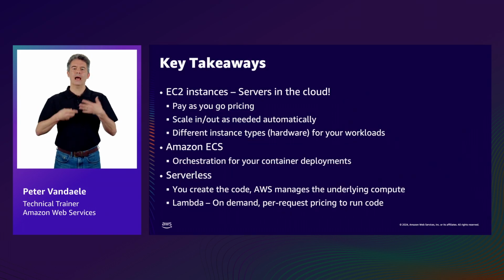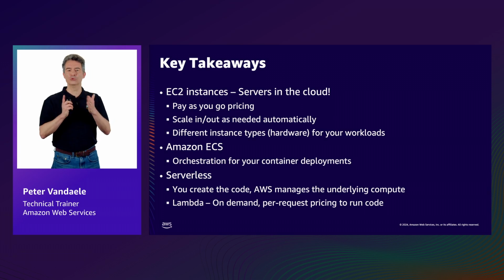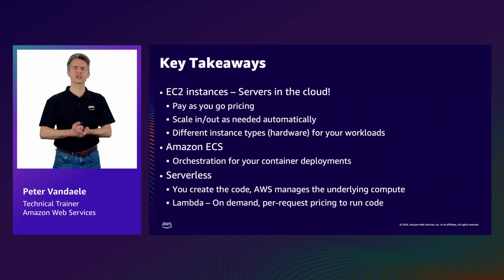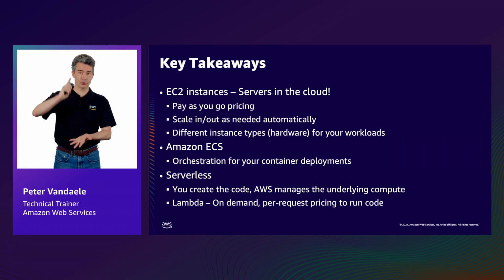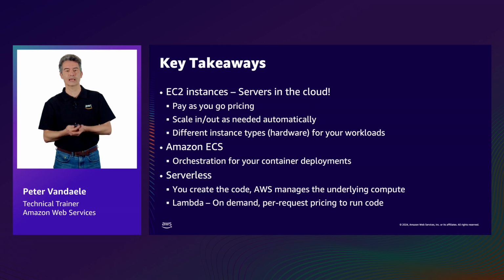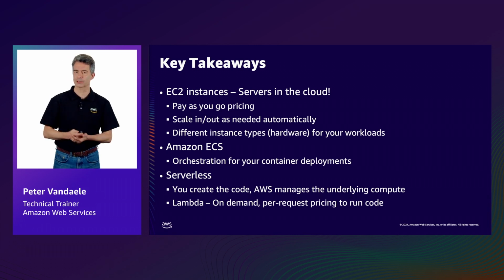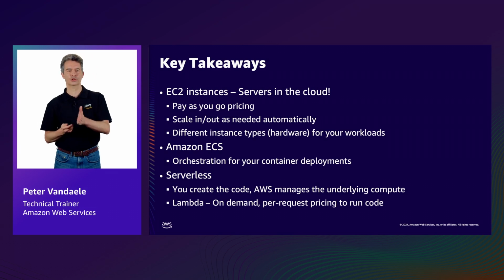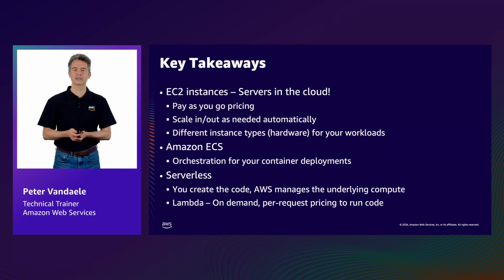In summary, Amazon EC2 enables you to launch as many or as few virtual servers or EC2 instances as you need, and enables us to scale up or down to handle changes in requirements or spikes in traffic. Amazon ECS is a container orchestration service that gives us the ability to manage containers at scale.